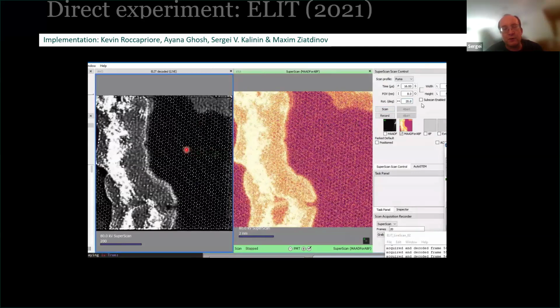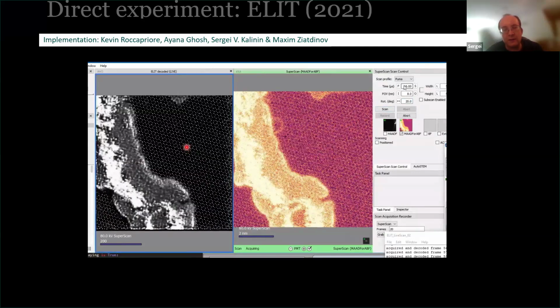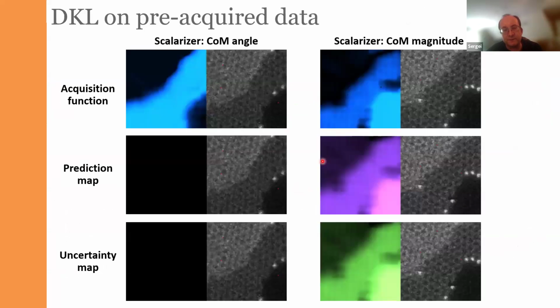So we know the atomic structure, and we choose the locations where to measure it. Or we can choose to run the inverse experiment, where we go through deep kernel learning. We measure the ronchigram, define the scalarizer, what it is that we want to discover, then train the DKL model, and then run the same workflow. So forward and backwards, same for EELS.